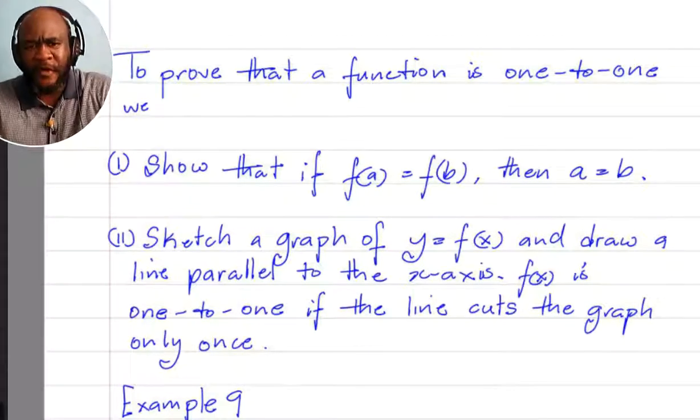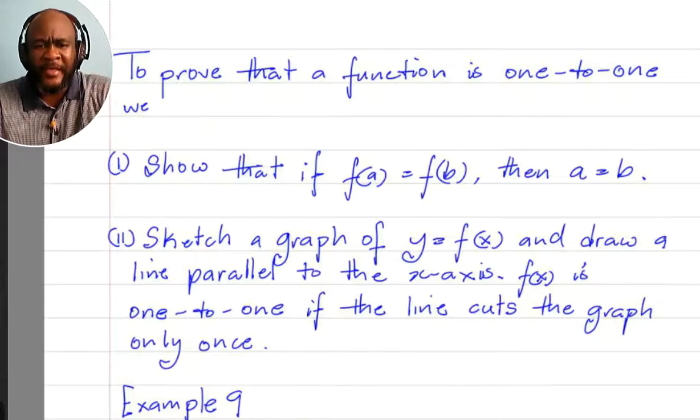Now, to prove that a function is one to one, we show that if f of a is equal to f of b, then a is equal to b. Another way is that we can sketch a graph of y is equal to f of x and draw a line parallel to the x-axis.